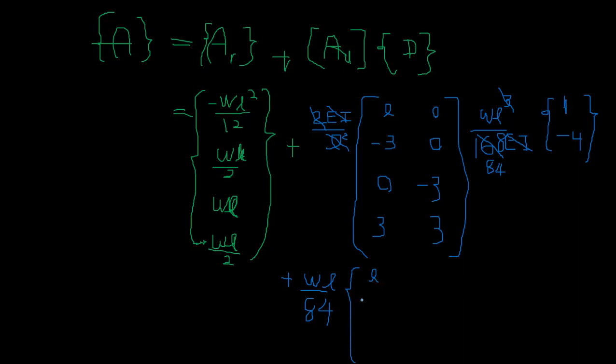Then minus 3. 0 into 1 minus 3 into minus 4 plus 12. 3 into 1 minus 3 into 4, right? So that brings you 3 minus 12, so that means minus 9. Into this matrix.